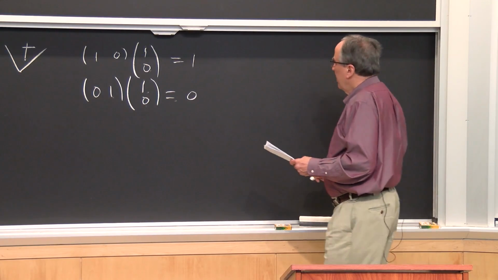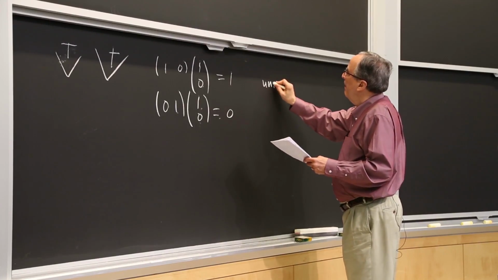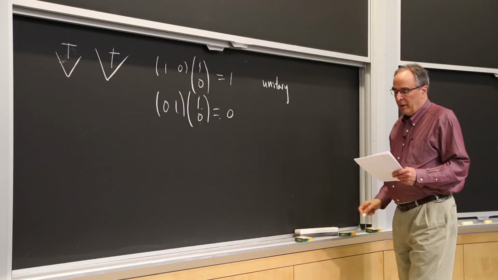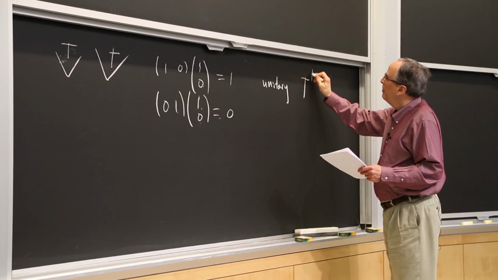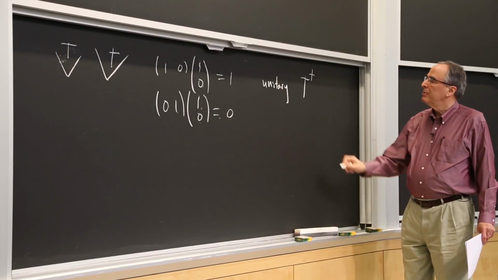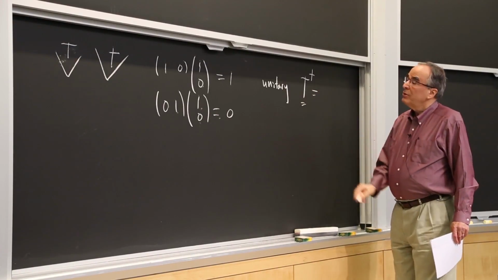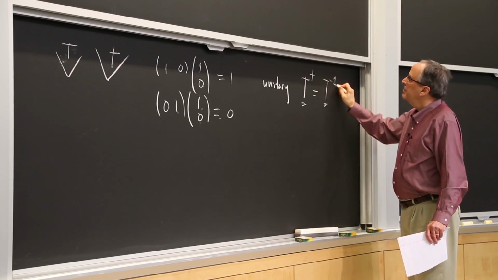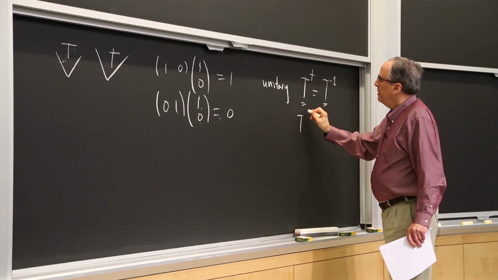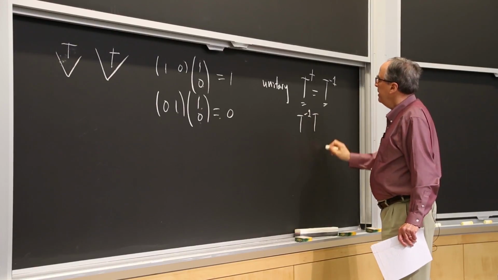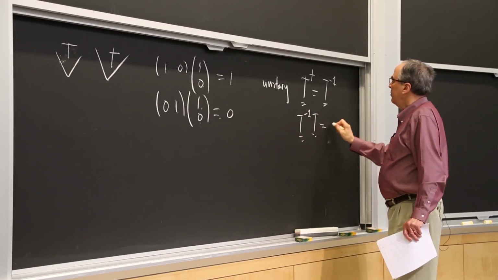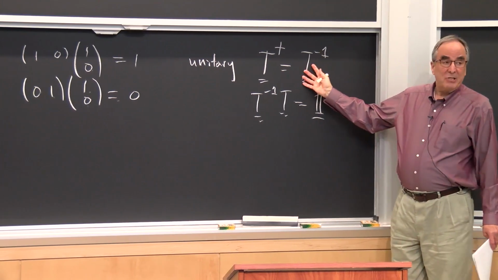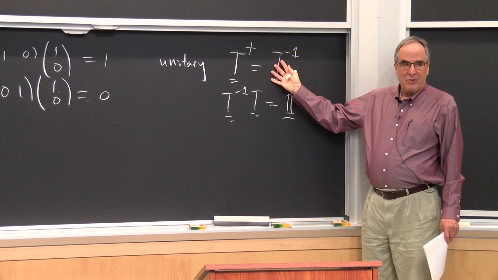Okay, now a unitary operator is one where the conjugate transpose, the unitary matrix, is equal to the inverse, which means T minus 1 times T equals 1. So it's nice to be able to derive the inverse of a matrix.